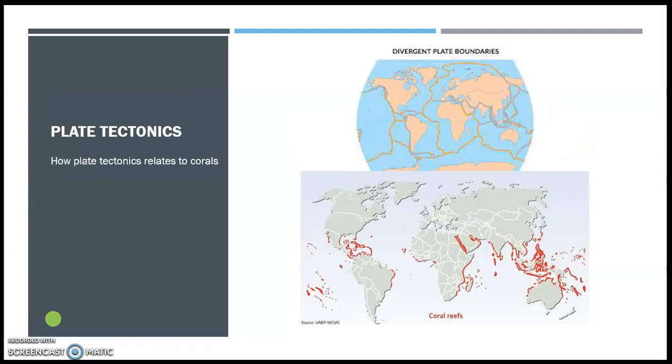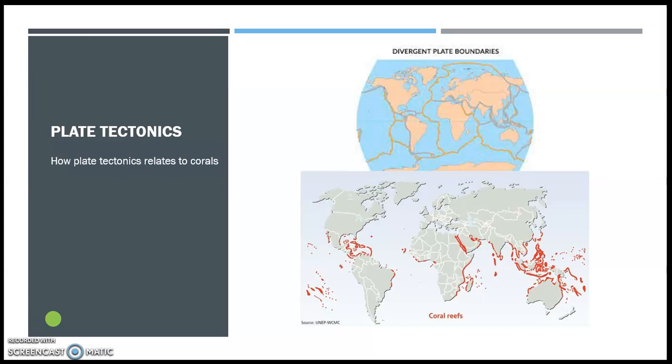Right. And then one thing I found was how plate tectonics relate to corals. So the formation of coral reefs near the plate boundaries is not a coincidence. The volcanic activity resulting from these plate interactions has formed island ridges as underwater platforms, and the corals have colonized.